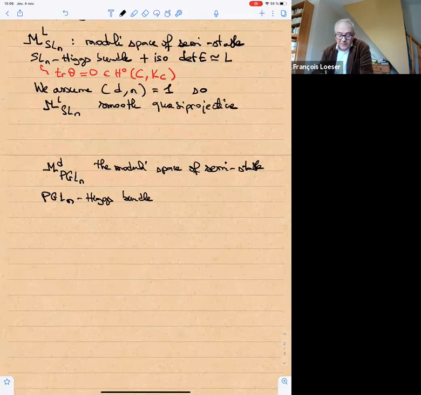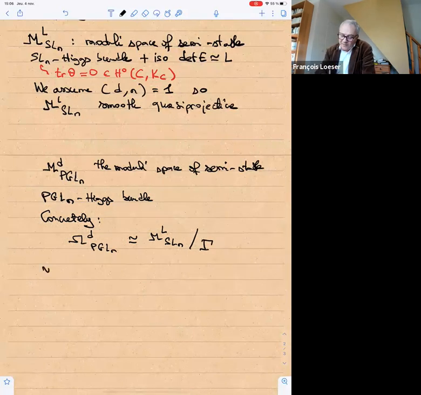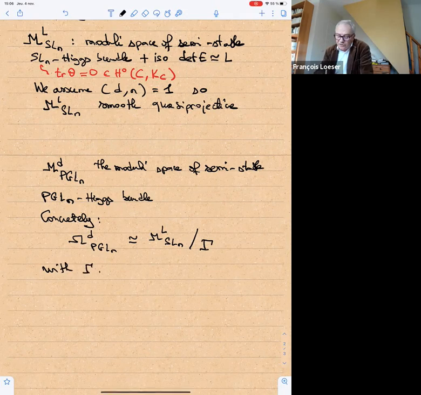I won't say what they are, but concretely, and this is what we will use here, it is just a quotient of the previous one by gamma, where gamma is the n-torsion of the Picard group of the curve.